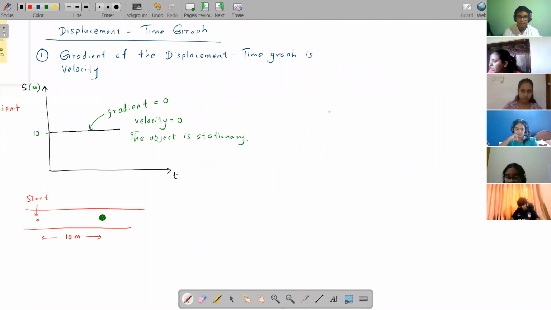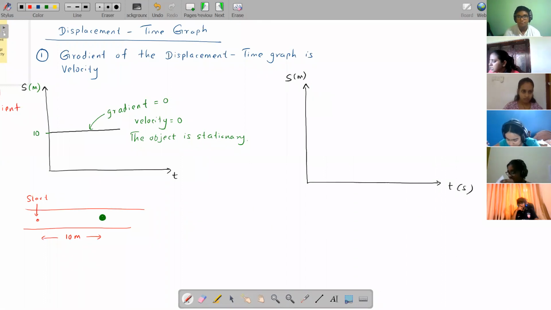Graph number 2. So I want you to interpret this graph and give me your own meaning. Displacement time. Displacement measured in meters. Time measured in seconds.